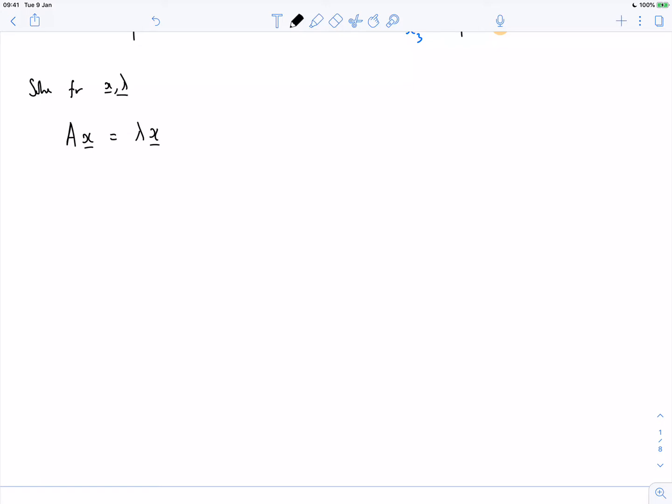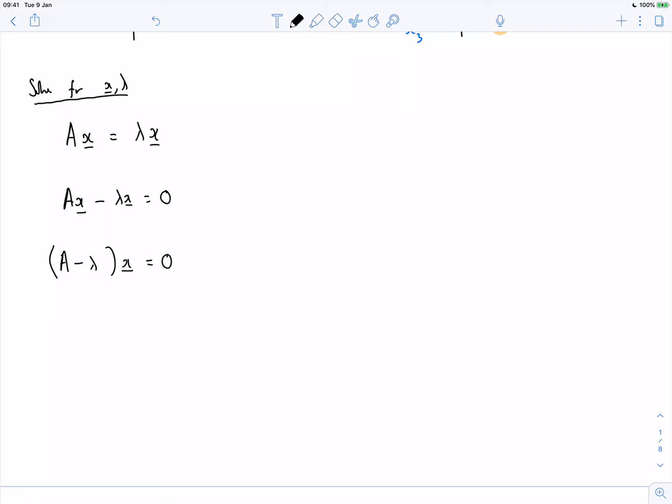I want to find one of those two things, right? So what we could do is subtract one from the other side. So A x bar minus lambda x bar equals 0. Now, what can happen here? Well, it's very similar to what you'd expect. You'd expect this to factorise to (A minus lambda), and I'm leaving a gap there deliberately, times x bar equals 0.